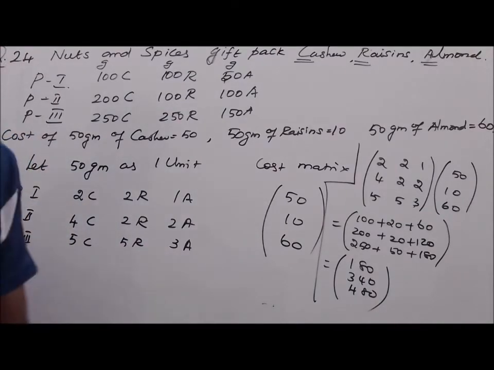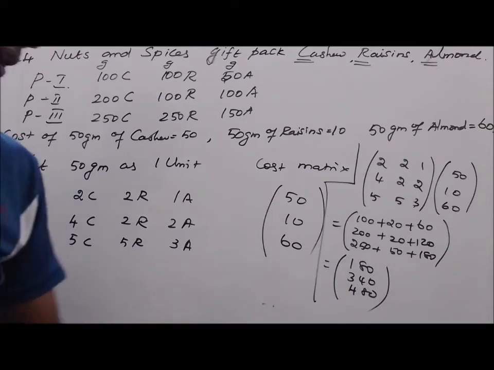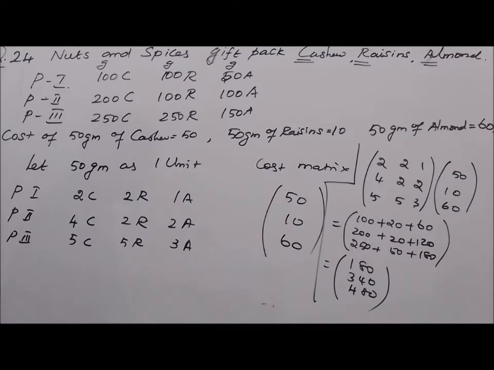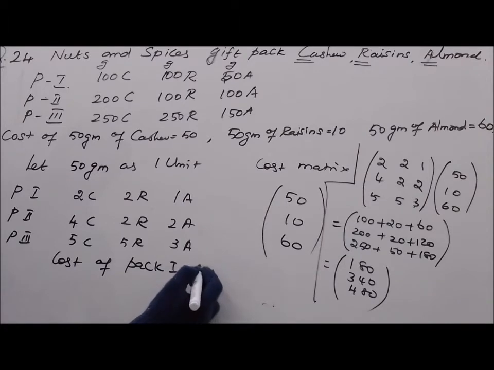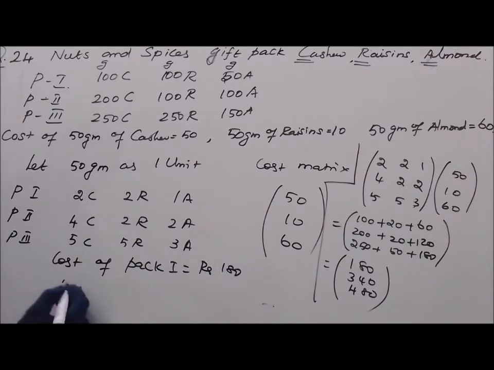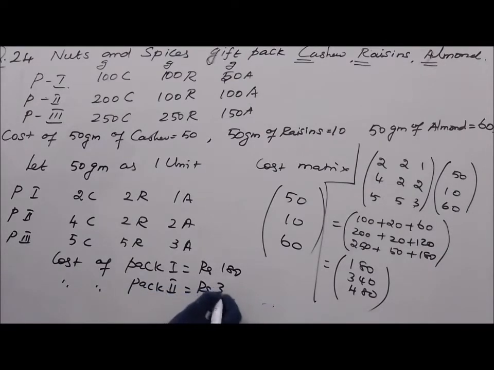So the cost of one pack: pack 1 is rupees 180, pack 2 is rupees 340, and pack 3 is rupees 480. So we can write the cost of pack 1 equal to rupees 180, the cost of pack 2 equal to rupees 340, and the cost of pack 3 equal to rupees 480. That's all.